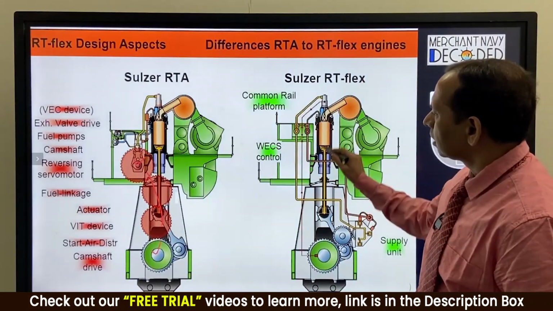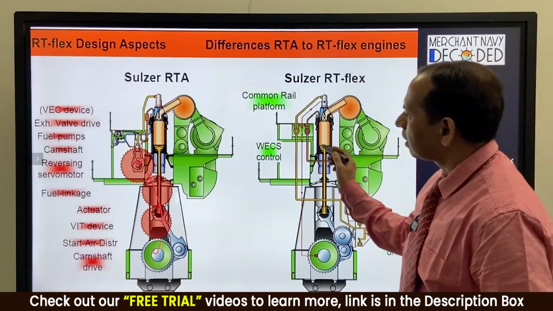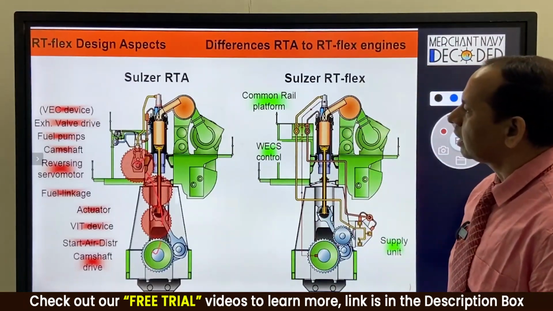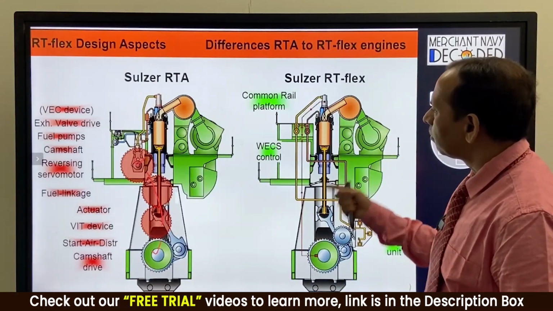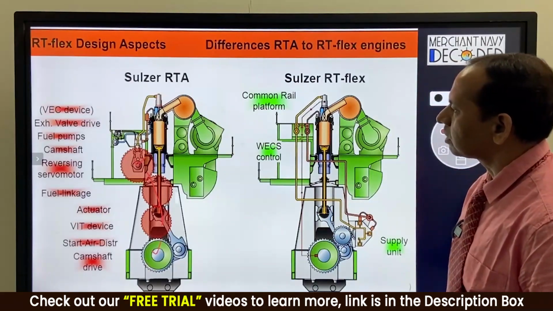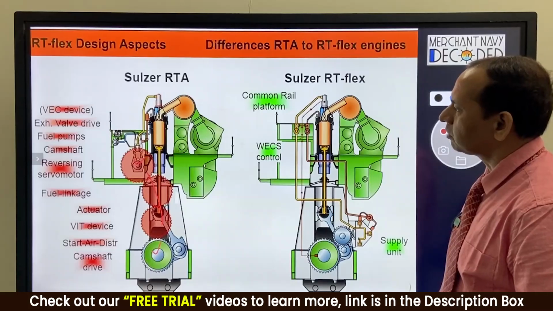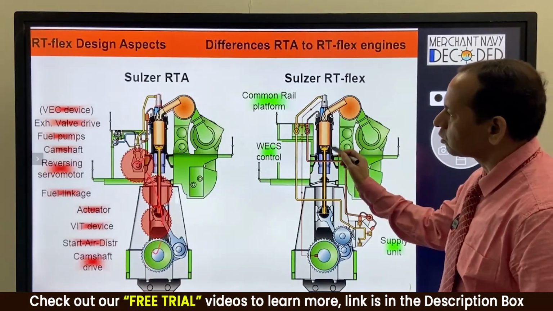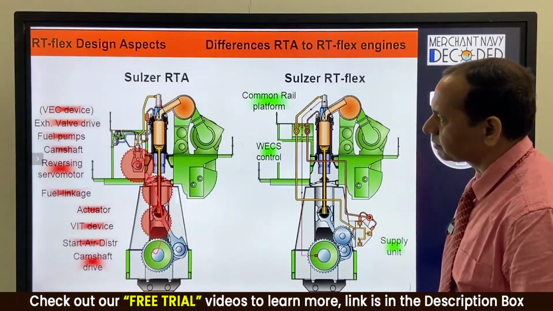This reduced the weight of the engine drastically, and the computation of timing and actuation of the fuel pump and exhaust valve became more refined as compared to a mechanical system using camshaft and cam, which was used in the RTA engine. So that is the first major change which came into the RT-Flex engine.